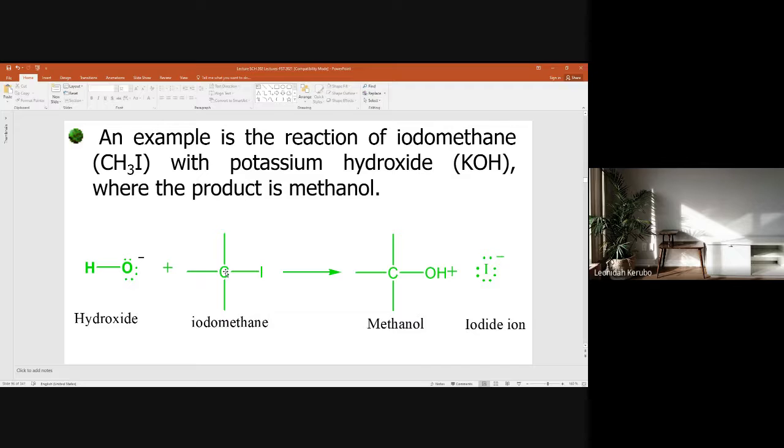So you have carbon, hydrogen, hydrogen, and hydrogen. I'm going to insert those hydrogen atoms so that you don't get confused. Then the hydroxide, this is the nucleophile, and this is a strong nucleophile. So you have a strong nucleophile, you have a methyl halide forming methanol and iodide ion.